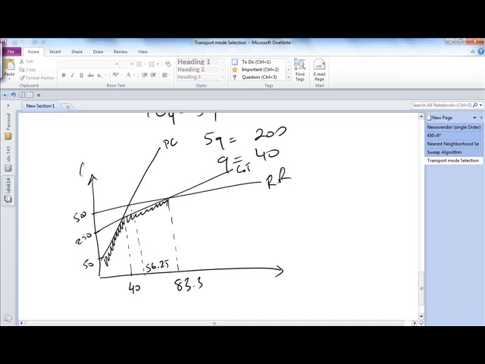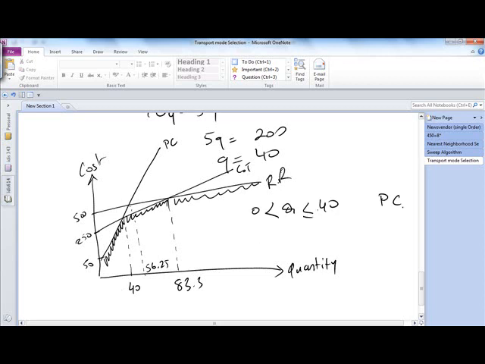So this is cost, this is quantity. Overall, this figure tells me that if I'm shipping something up to 40, I should use private carrier.